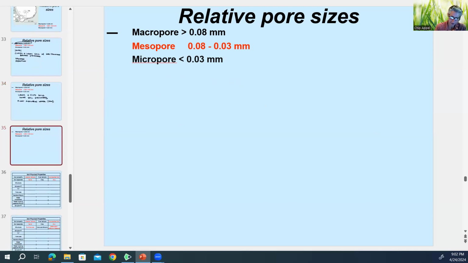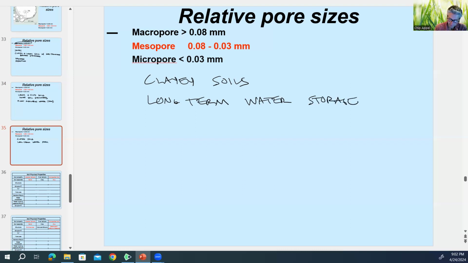And lastly, the micropores, tiny. These are mostly found in clay soils. And they're inside aggregates, right? They're inside aggregates. And these are responsible for long-term water storage and water holding in a soil.